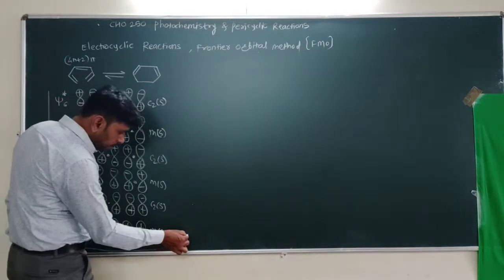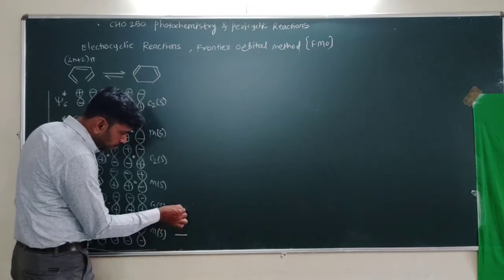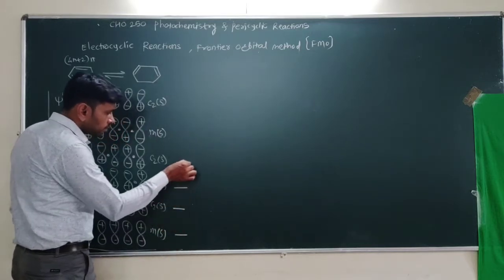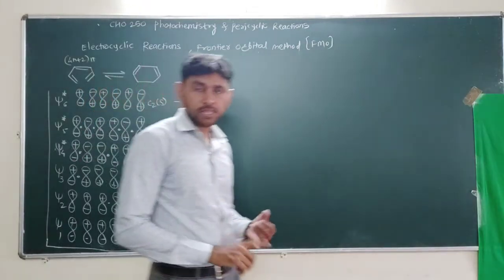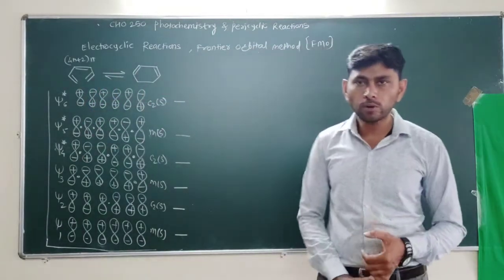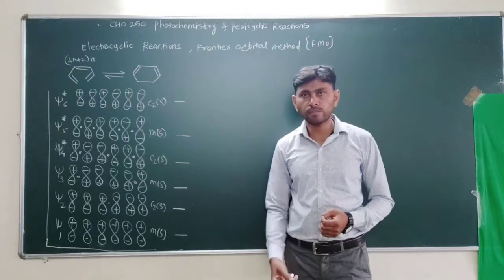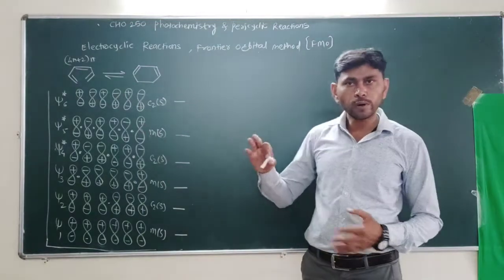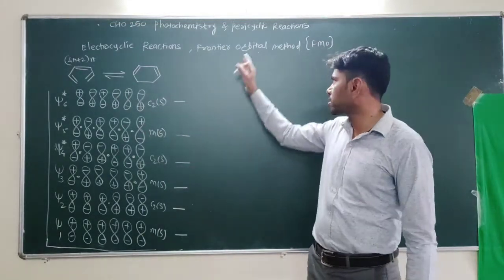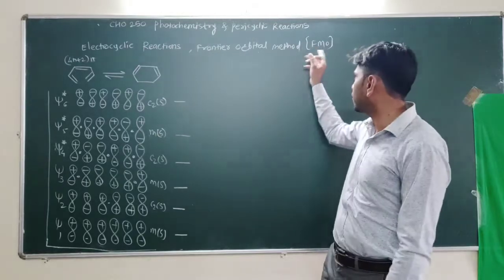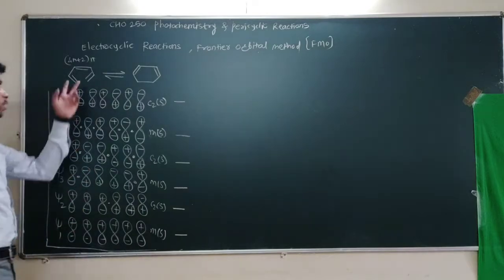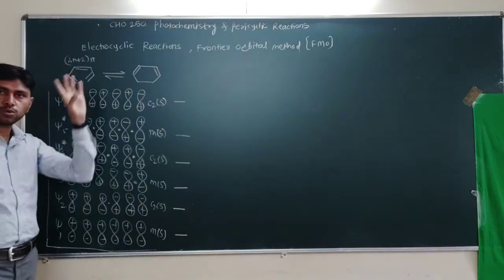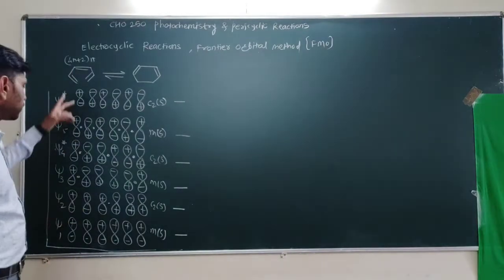Now in frontier molecular orbital, the electron distribution is important, and from that we can find out highest occupied molecular orbital and lowest unoccupied molecular orbital. So HOMO and LUMO, these are two important concepts in FMO method. Here total 4n plus 2, that is 6 pi electrons are involved in the reaction.